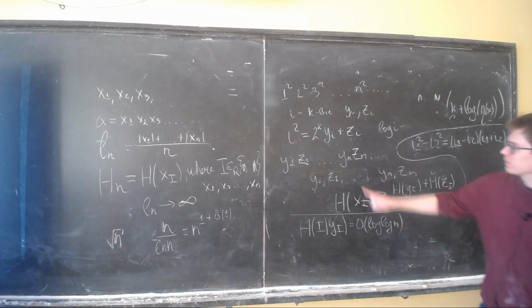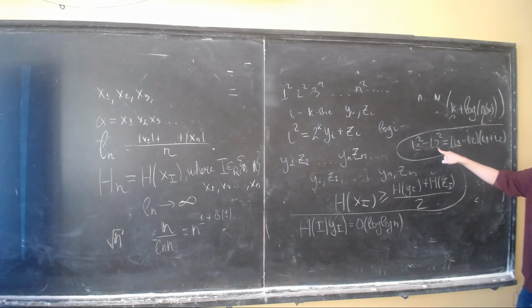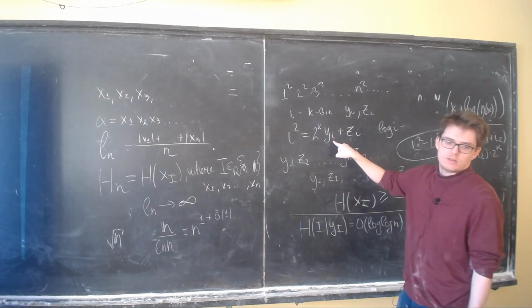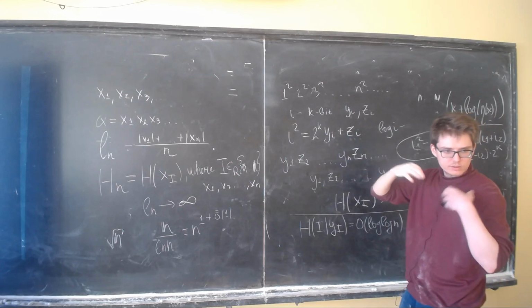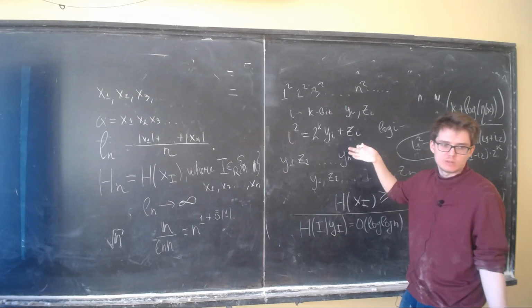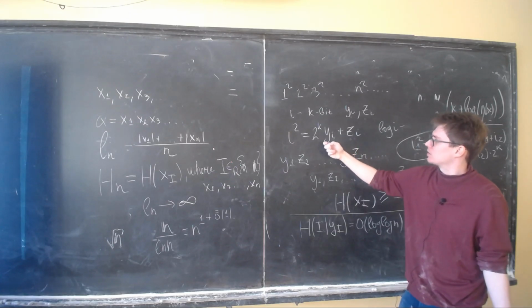Because if I fix the length, then the difference between two squares, where I1 and I2 are k-bit numbers, is at least the difference between I1 and I2 multiplied by 2 to the k. So it will be omega of this. But if you fix the most significant part, then the difference between the two is at most 2 to the k, maybe multiplied by 2, because this cancels out if this is the same.